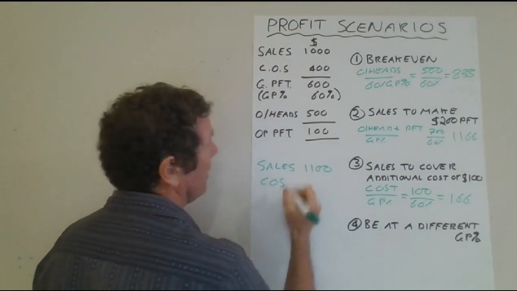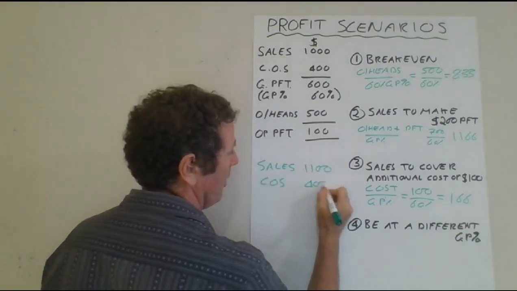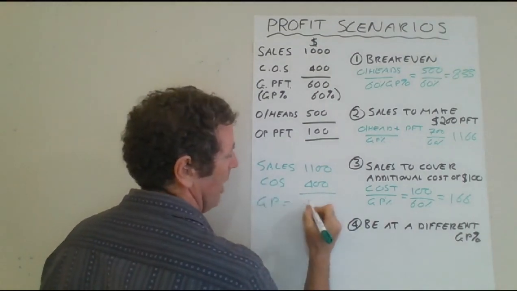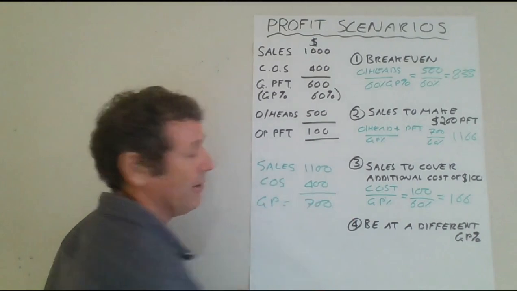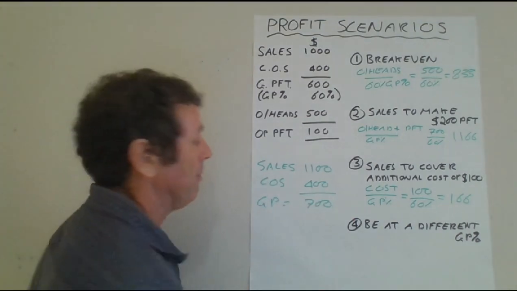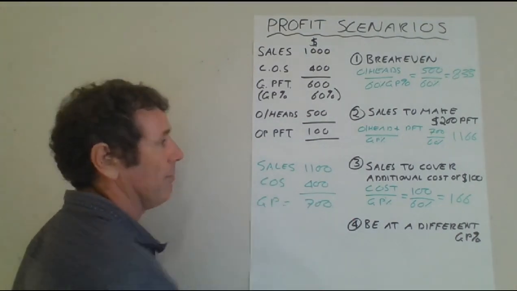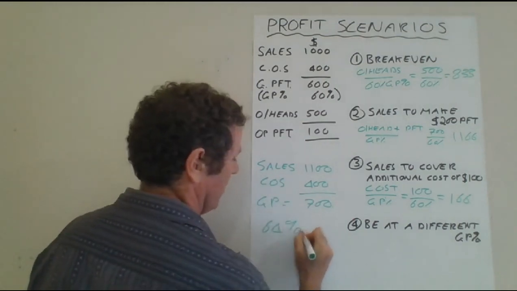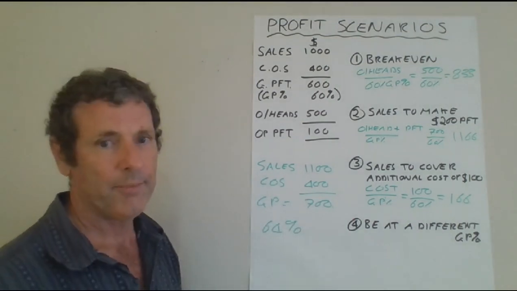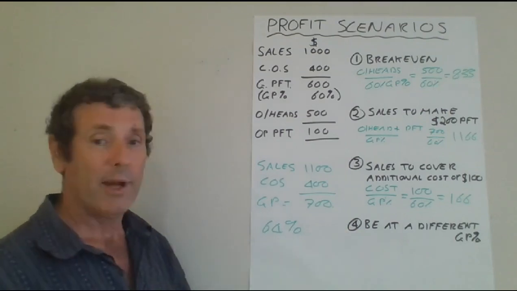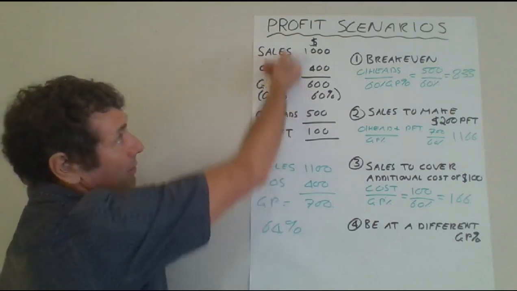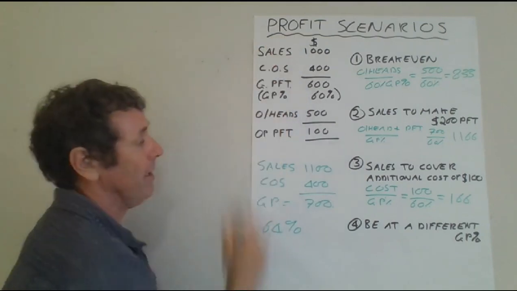Your cost of sales would still be the same, $400, but your GP would now be $700. And if we calculate that as a percentage, gross profit divided by sales, we actually have 64%.